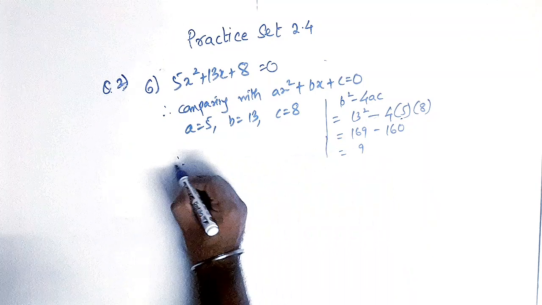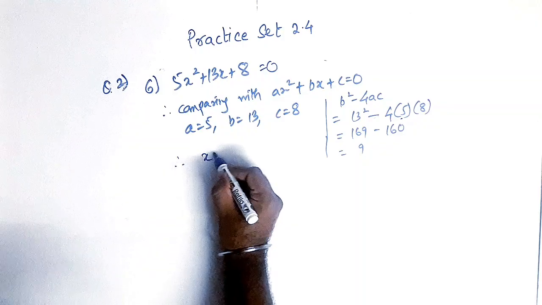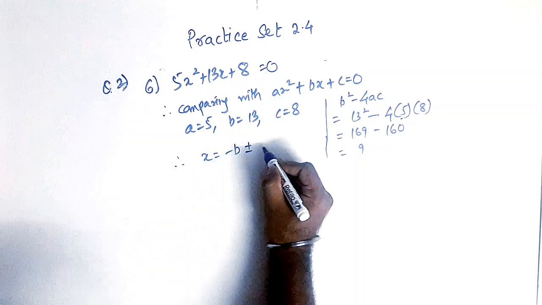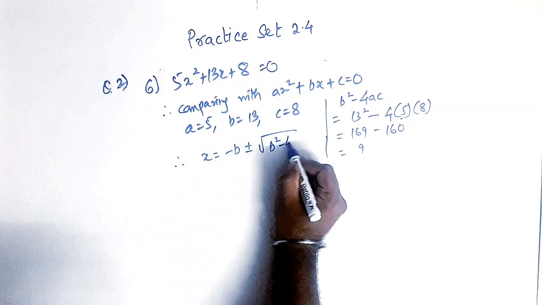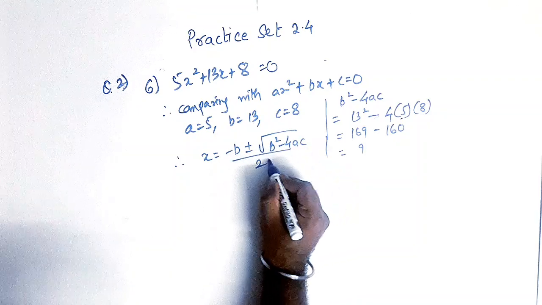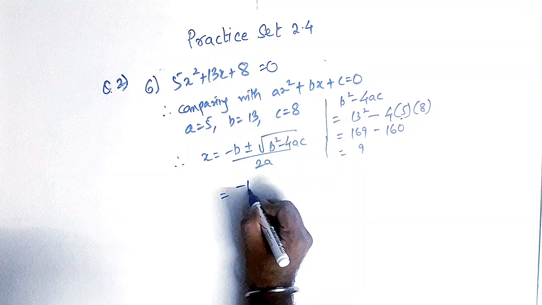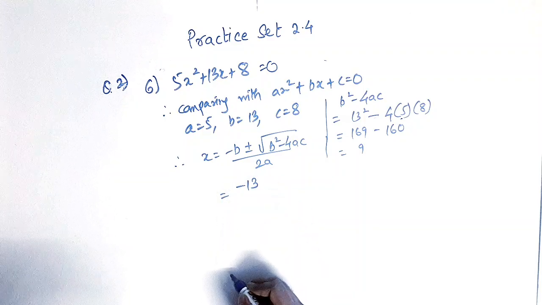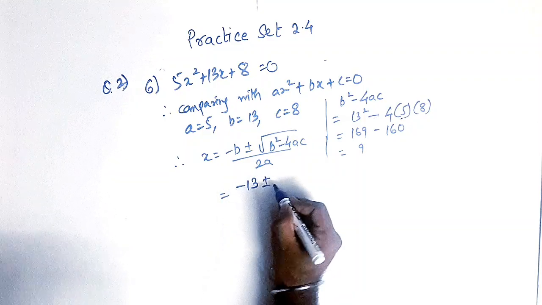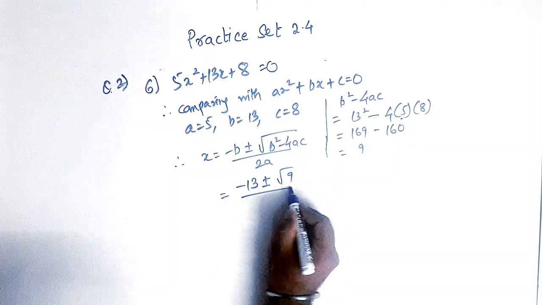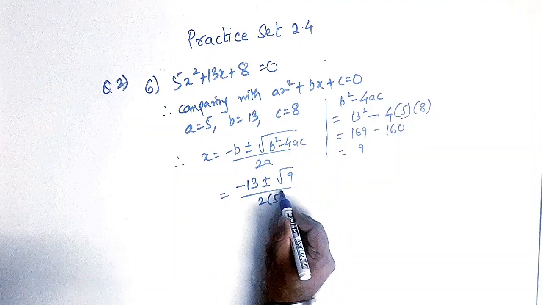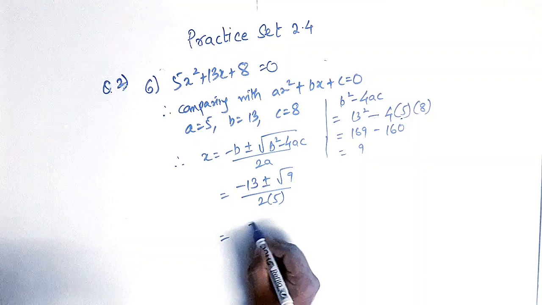Okay, now therefore x equals to minus b plus or minus under root b square minus 4ac by 2a. Okay, so minus b is minus 13 plus or minus, this is root 9 upon 2 5s is 10. Okay, very simple.